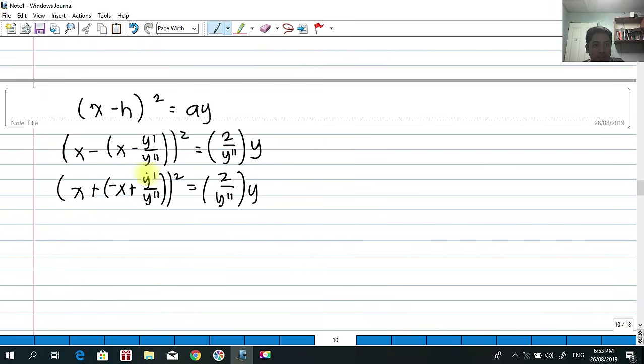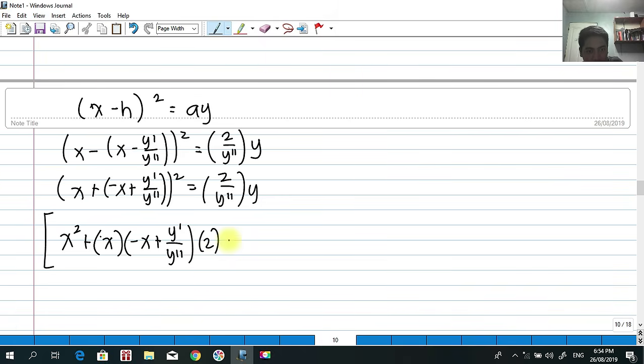Let's expand this whole term. Let me redraw it with a bracket instead of parentheses. To expand, first we have x squared. The result has 3 terms. For the second term, we have plus x multiplied by the second term, and multiplied by 2, of course.